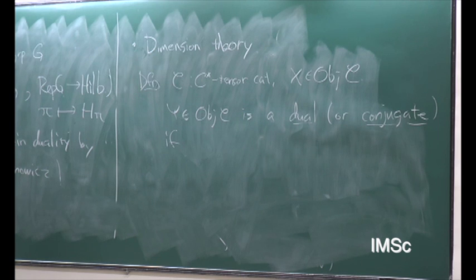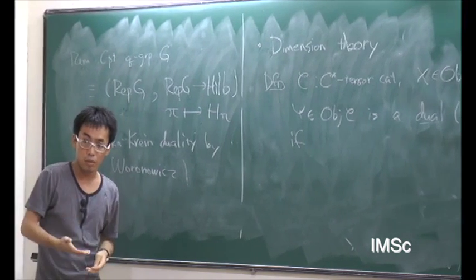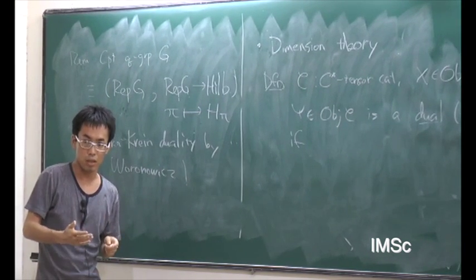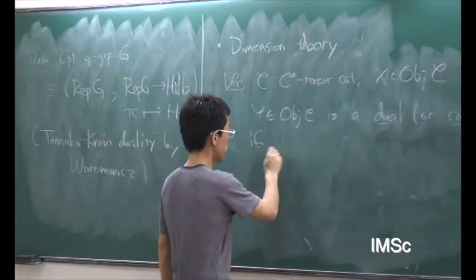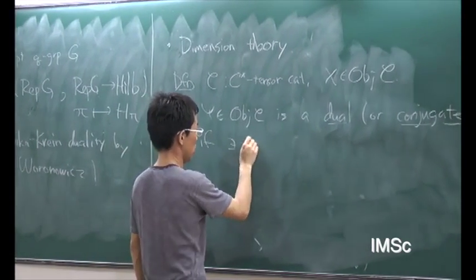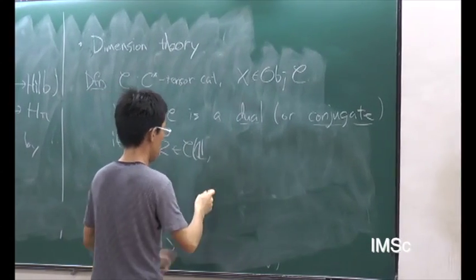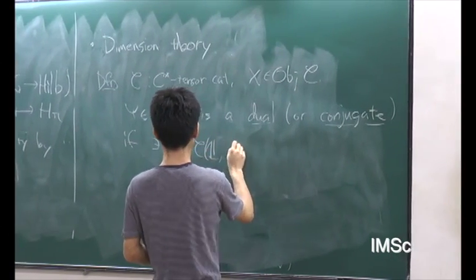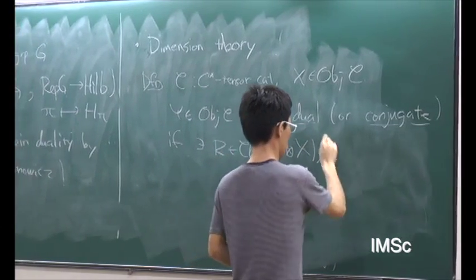What does it mean for a representation to be a dual of another one? It means you have the trivial representation inside the tensor product, in a nice way. So embedding trivial representations inside tensor products is the first requirement, of course.